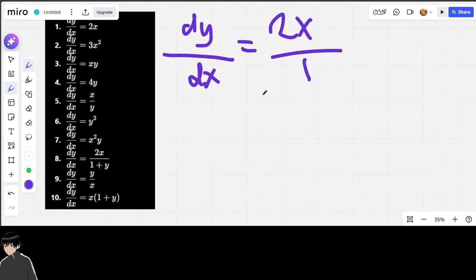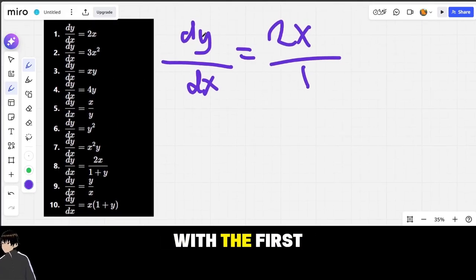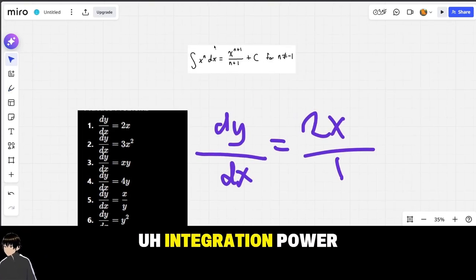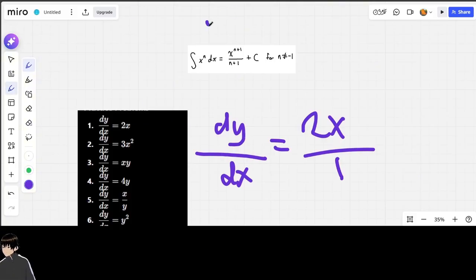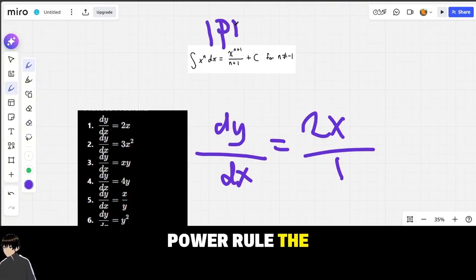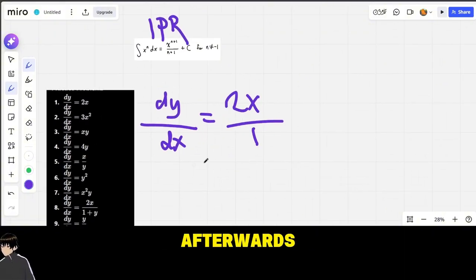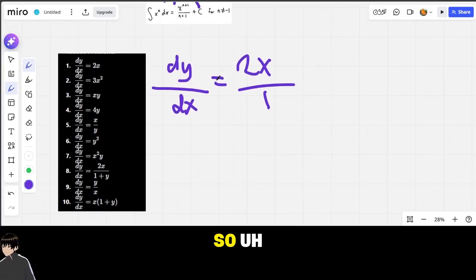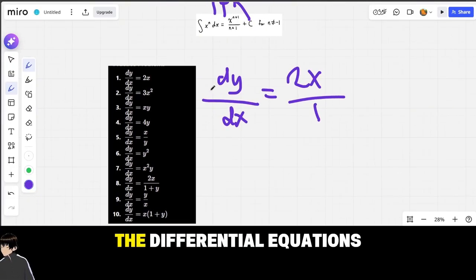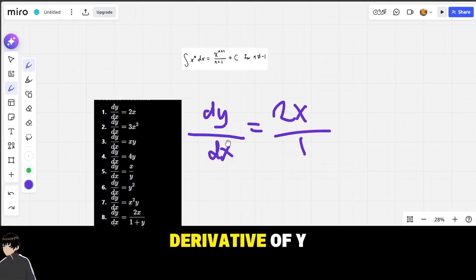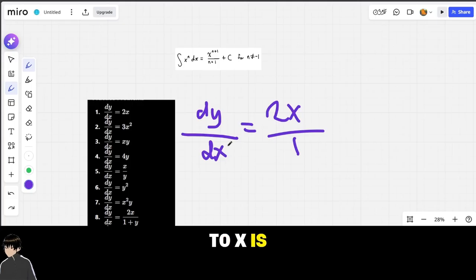So let's first start with the first problem. I just got this integration power rule, the IPR, right here. We can use this in order to integrate these afterwards. So the differential equation we have to solve here is the derivative of y with respect to x is equal to 2x over 1.